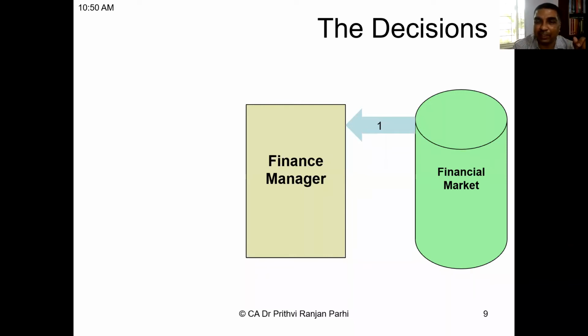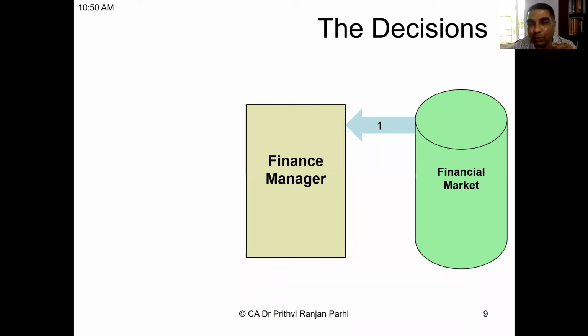In the financial market also, you can find various stalls. It may be a bank, an NBFC, or a stock exchange. All of them are stalls offering various kinds of financial products which you can buy and sell. You can buy equity shares, and if you're a company, you can sell your equities also in this market. So this is the place where various products are available and sold by various institutions.